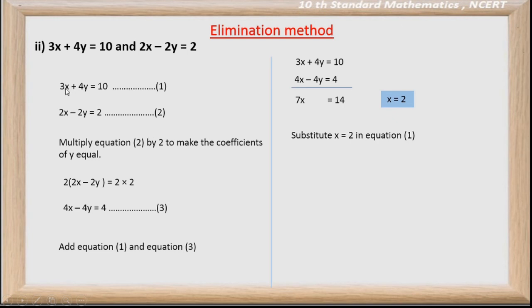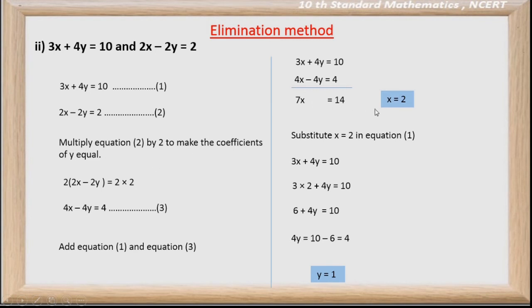Instead of x, in the x place, we can give the value 2. 3 into the x value, which is 2. So 3 into 2 plus 4y equal to 10. 3 into 2 is 6. So 6 plus 4y equal to 10. Now 4y equal to 10 minus 6 is 4. Now y equal to 1. 4 by 4 is 1.